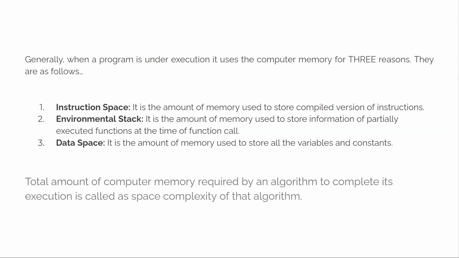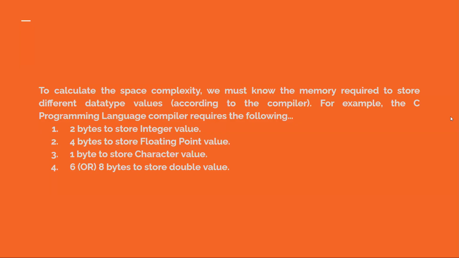The total amount of computer memory required by an algorithm to complete its execution is called the space complexity of that algorithm. So to calculate the space complexity, we must know the memory required to store different data type values according to the compiler.